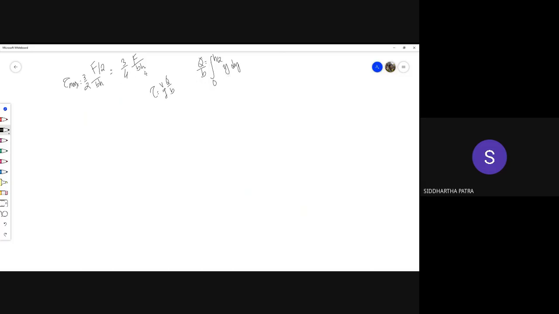I'm just taking this for a representative value. It need not be exactly accurate, but more or less the dimension looks correct to me. So this is force, and you have twice the dimension of length, so it kind of matches with the dimension of the stress, which is fine by me.